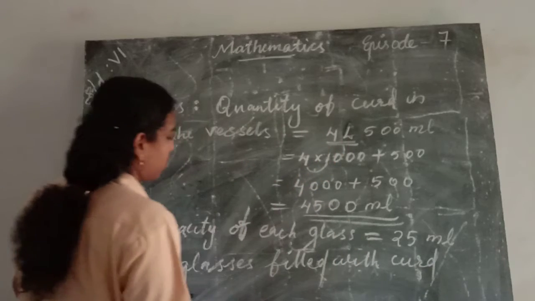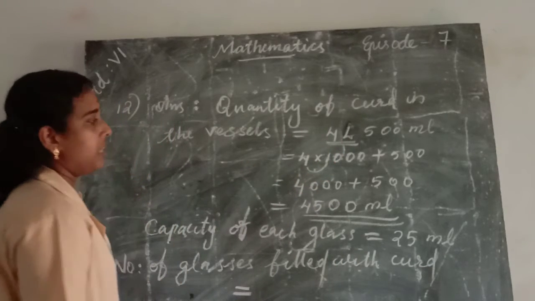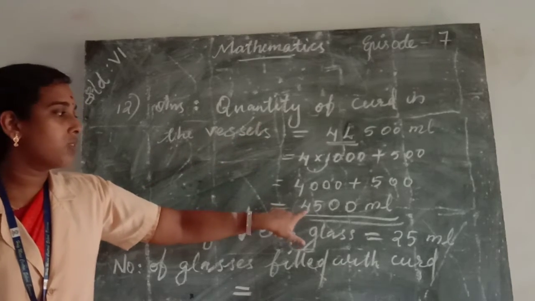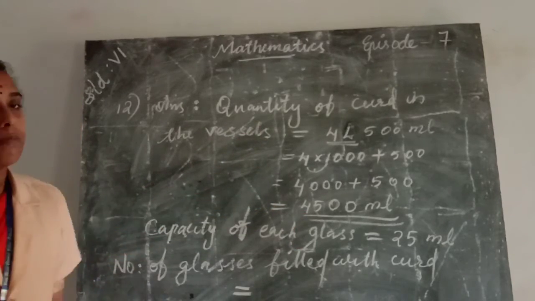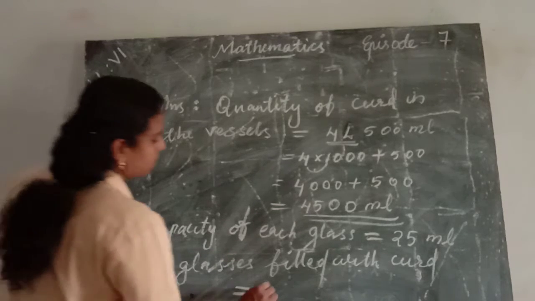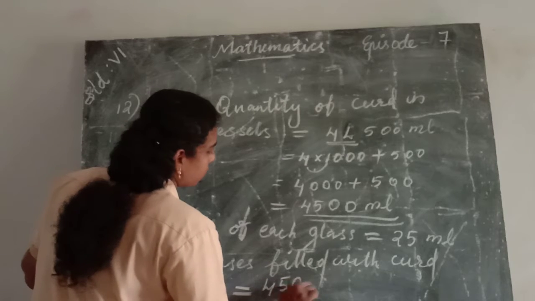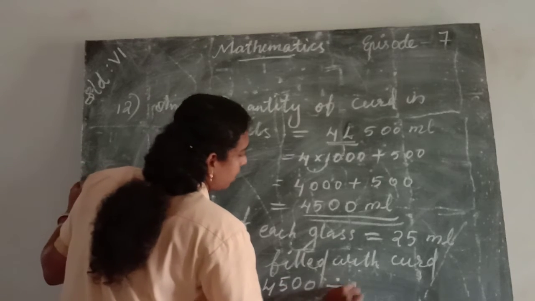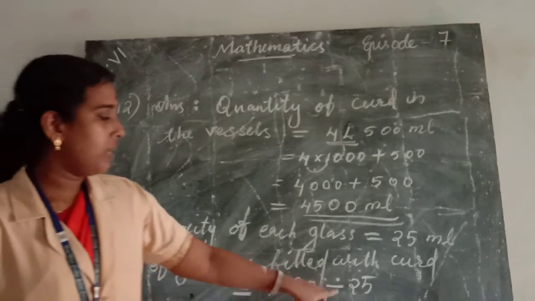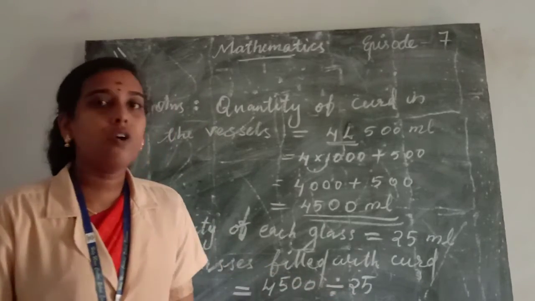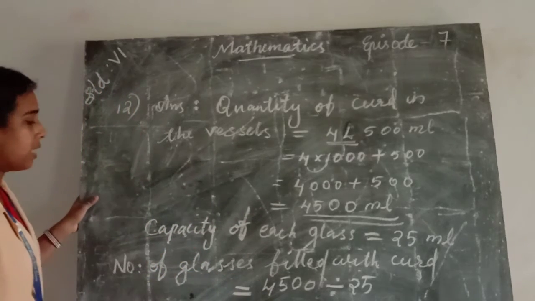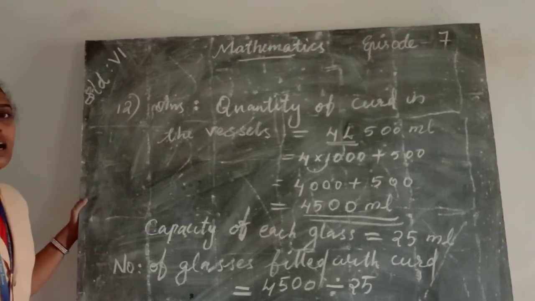For finding the number of glasses, we use division, and we divide the quantity of curd in the vessel, that is 4500, divided by capacity of each glass, that is 25. Total quantity of curd divided by capacity of each glass. Then we get the number of glasses that can be filled with the curd.